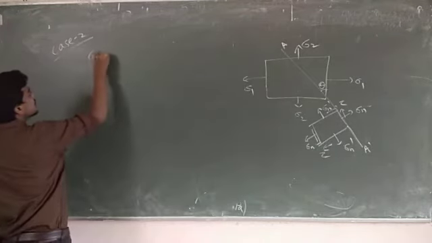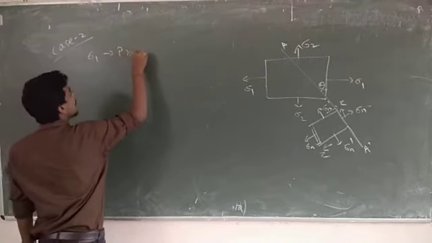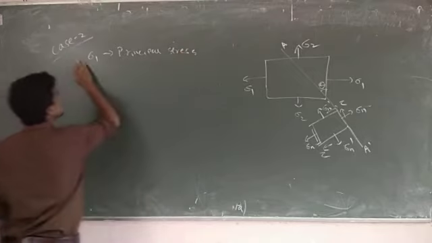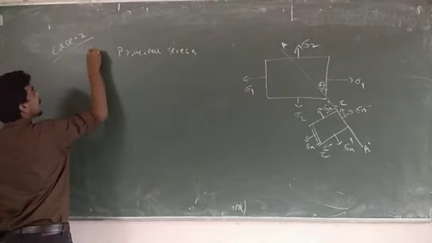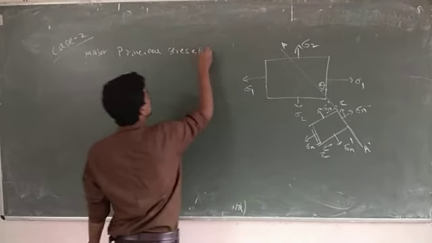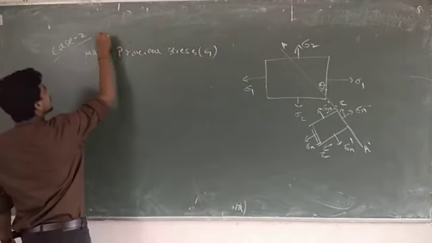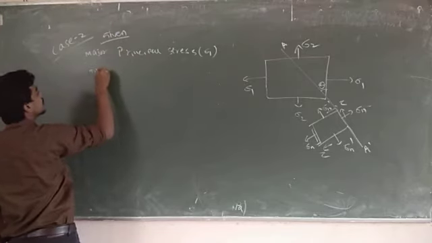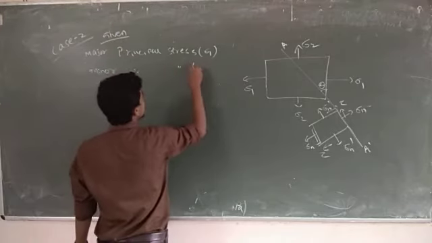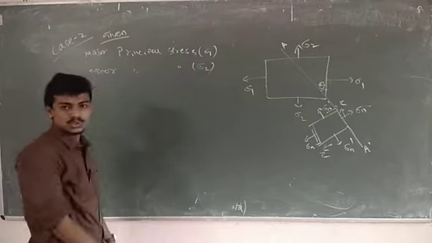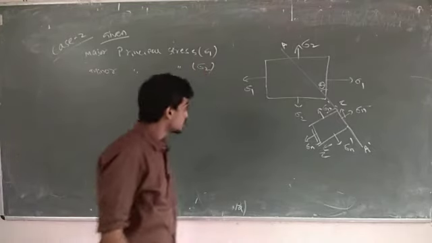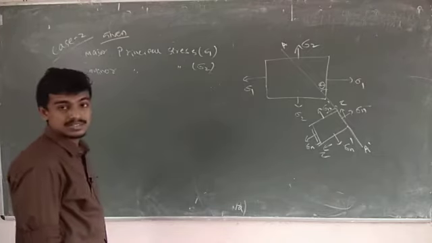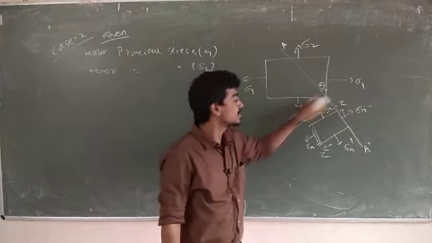So in this case sigma 1 is the major principal stress, and sigma 2 is the minor principal stress. Okay, so here it is very clear.